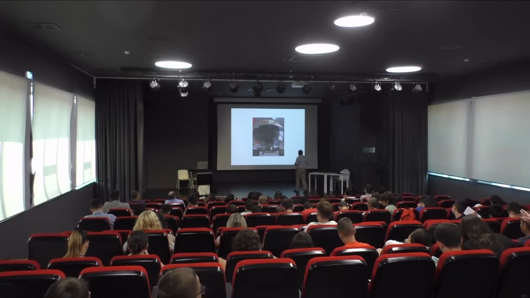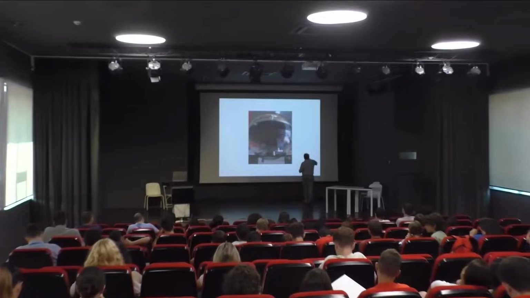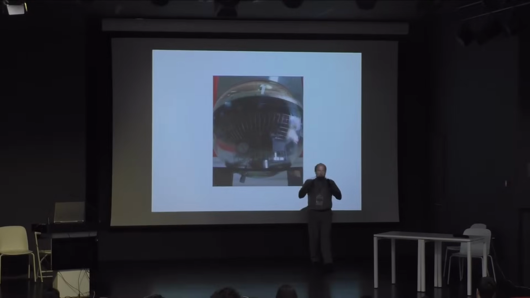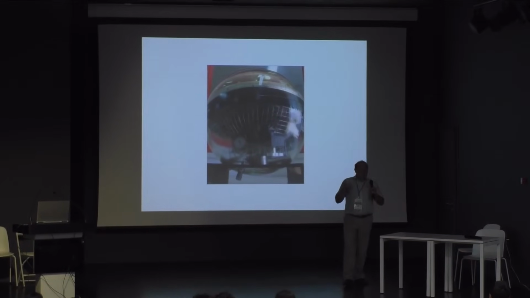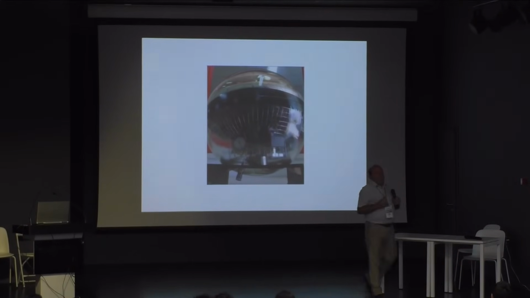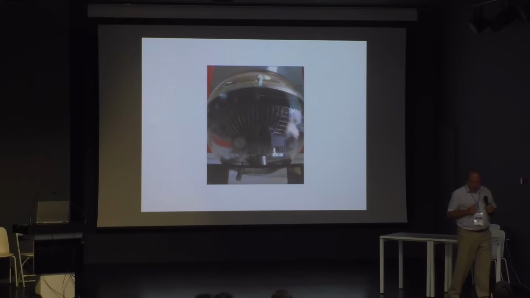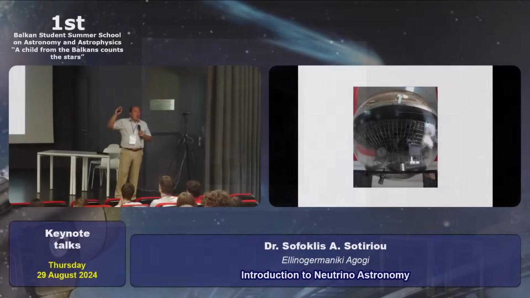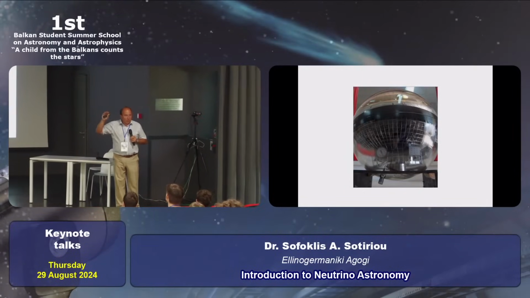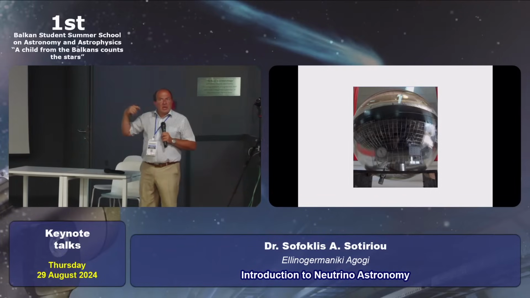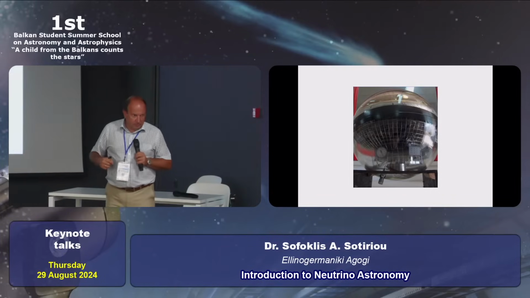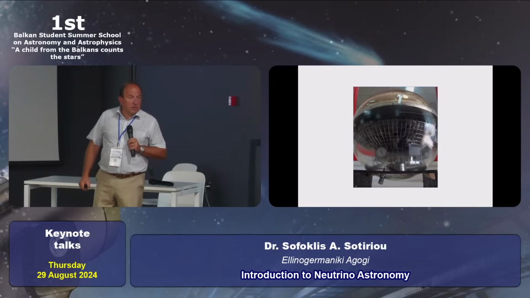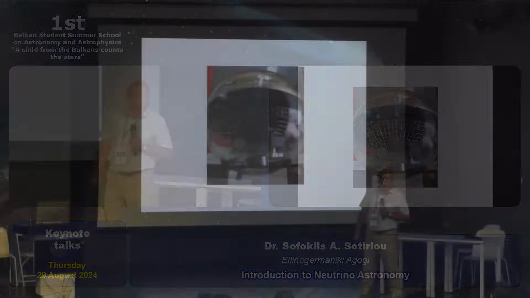I will explain this, but in this case, I would like to say that it has to be in a glass sphere that is able to stand up to 500 atmospheres of pressure, because every 10 meters that I'm going deeper, the pressure is increased. At 5,000 meters, I have about 500 atmospheres.